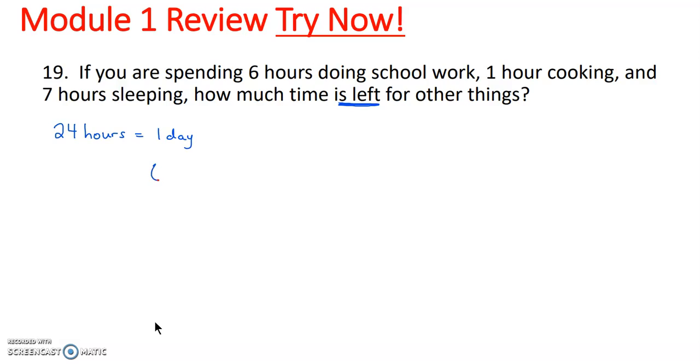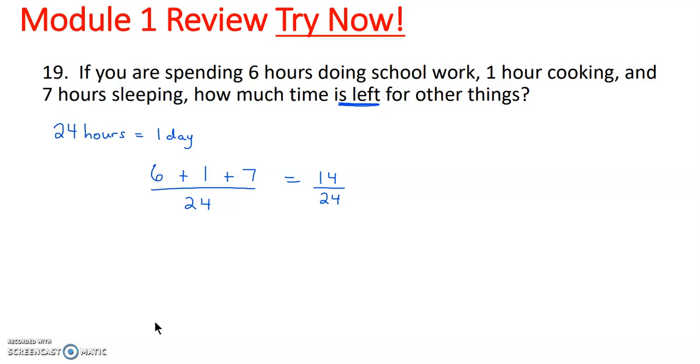So if you're spending 6 hours plus 1 hour, plus 7 hours, out of the 24 hours, how many hours is that? So that's going to be 14 hours. But the question's not asking how many hours you're spending doing that stuff.